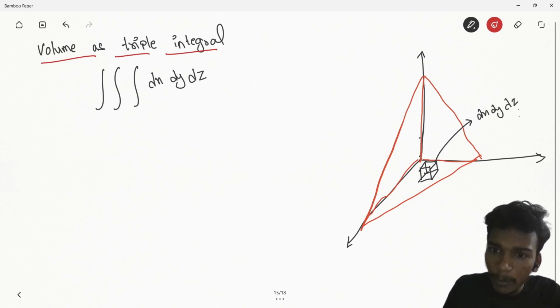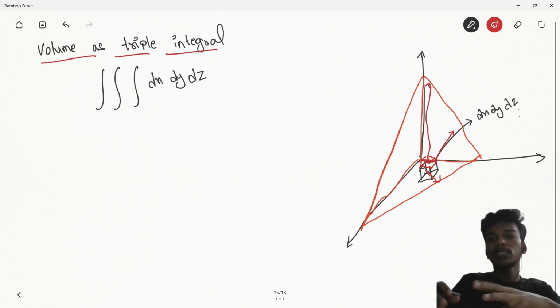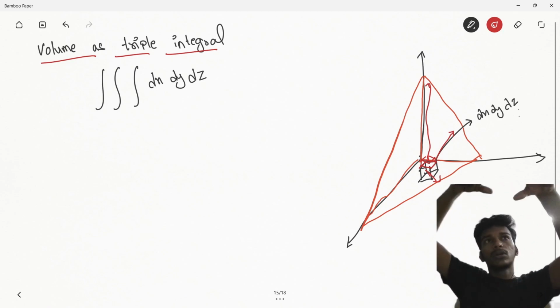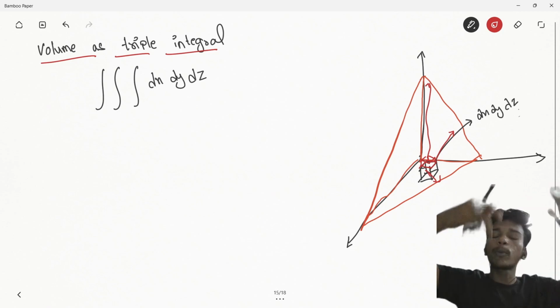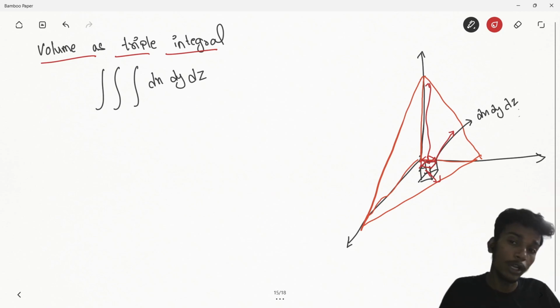Just consider if I pile up a lot of cuboids like this, up to this height, this depth and this width, I'm going to get what we call a triangular pyramid, and I get the volume of that particular triangular pyramid, right?